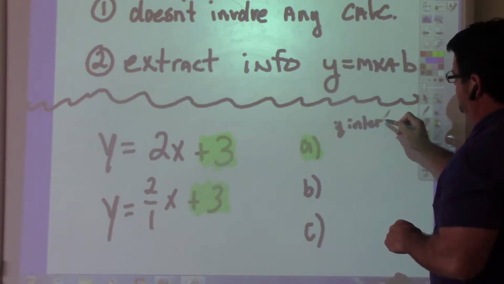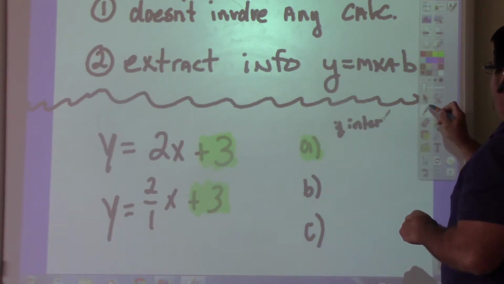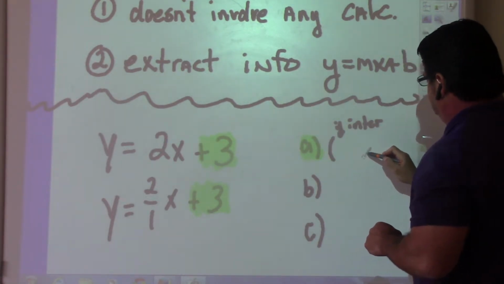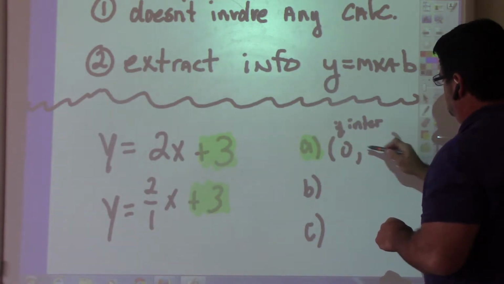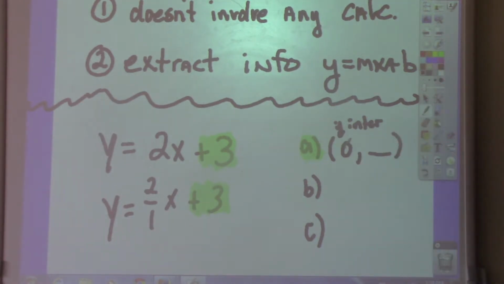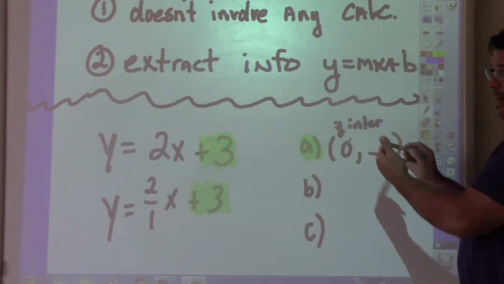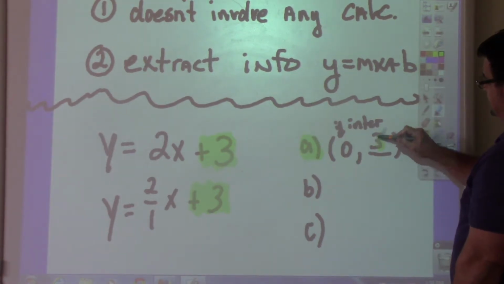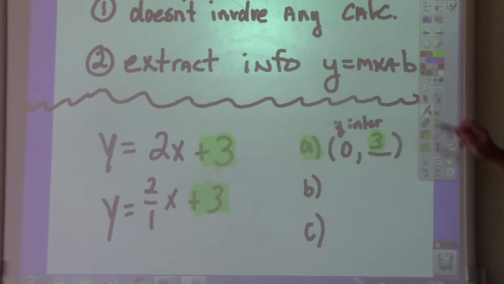Y-intercept. Some of you go back to your handy-dandy sheet that we went over last time. What is the y-intercept in this problem? 3. That's why I highlighted it. There's that information. I didn't have to calculate it. All I did is pull it out.